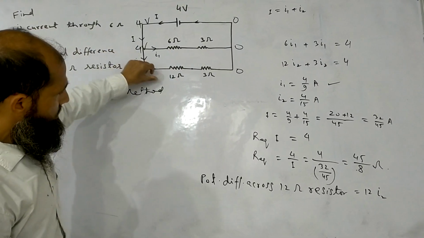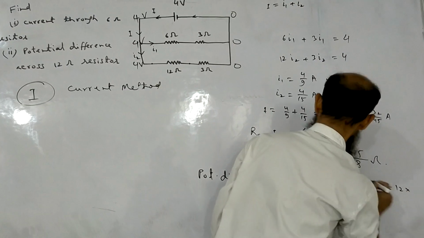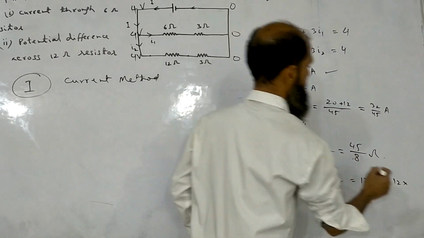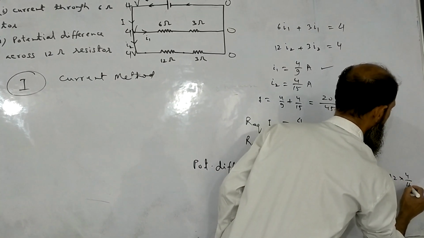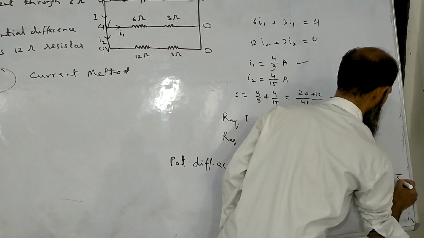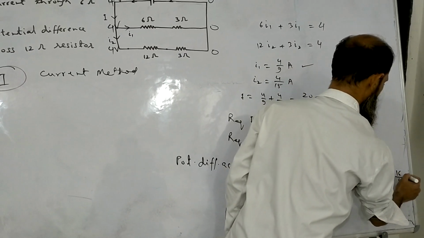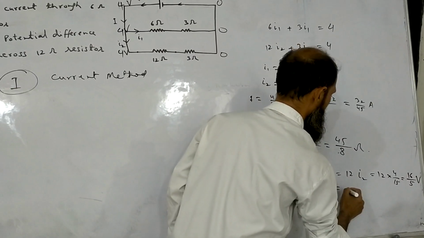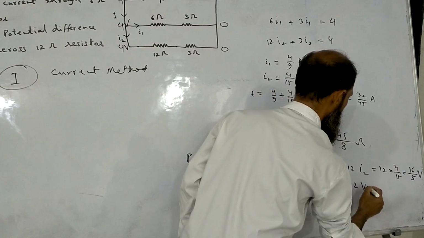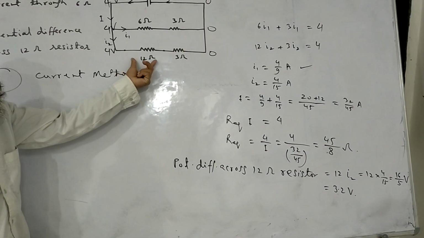Current is I2 here and resistance is 12. Now just put the values. 12 into I2 is how much? 4 by 15. So that is equal to 16 by 5 volt, which is equal to 3.2. So 3.2 volt, that is the potential difference across this 12 ohm resistor.